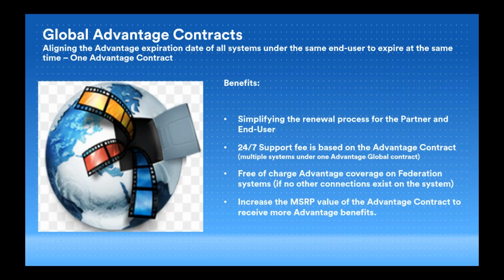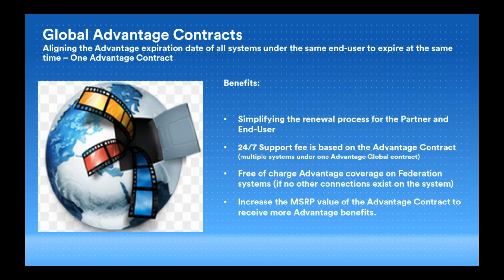And one of the best benefits for the global contract is the increase in the MSRP value for that Advantage contract on an annual basis. If you're increasing the MSRP value for that Advantage contract, now you find yourself or the end user eligible to participate even more in receiving those complementary benefits that we just went through.